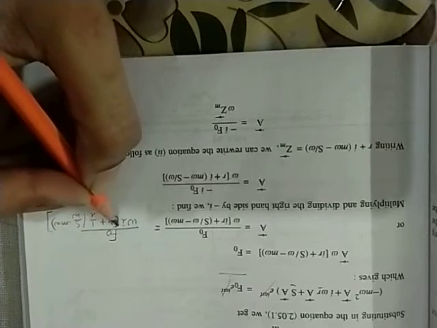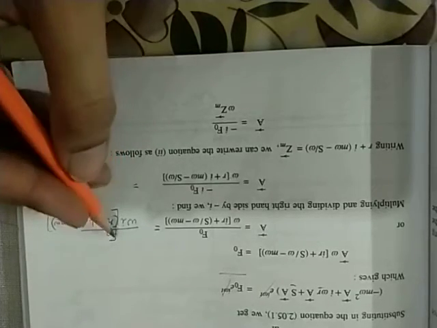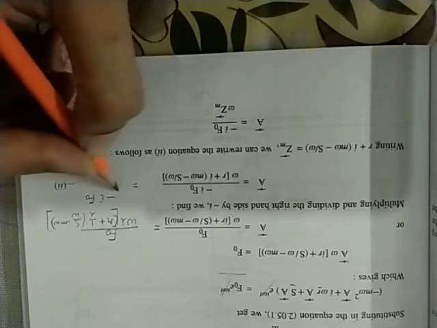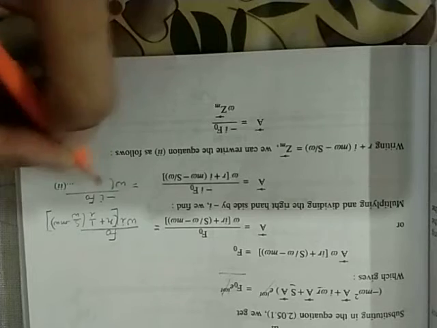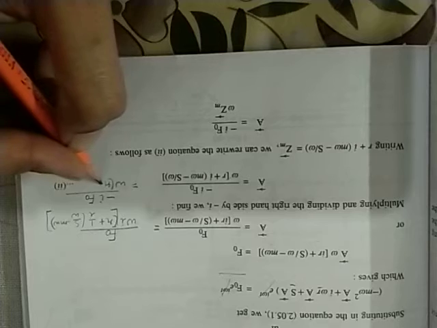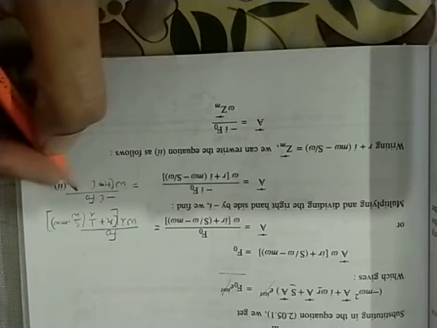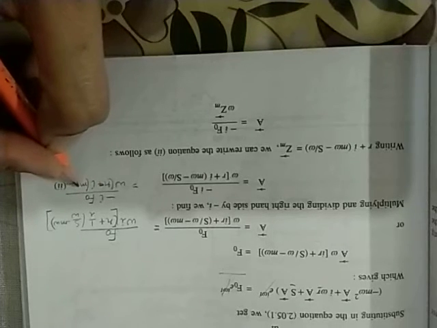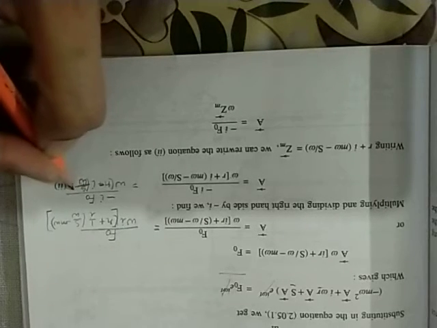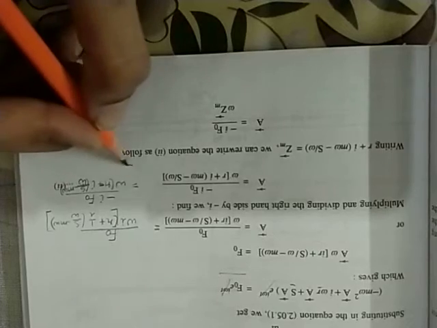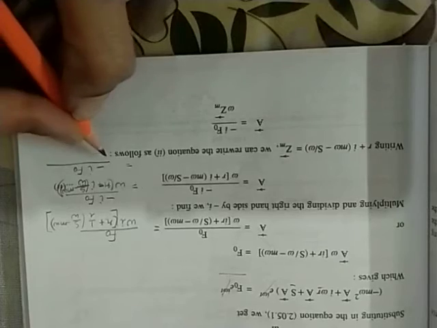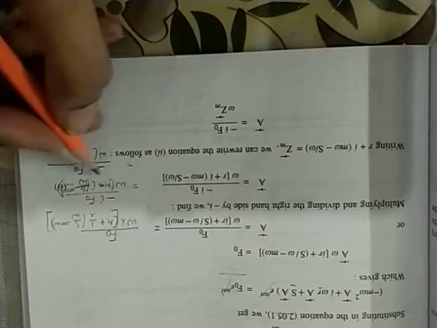So 1 by iota would be minus iota. F naught upon omega, and then r plus, this would give minus iota times (s by omega minus m omega), and then we can write it as minus iota F naught by omega times r.